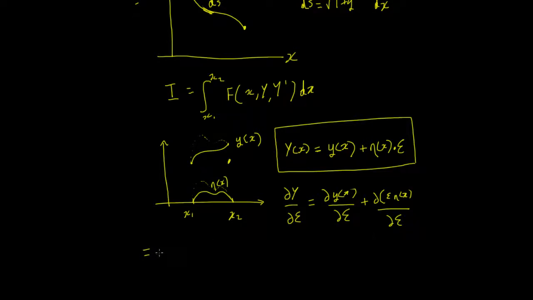That's going to equal, well, this term here, y is a function of x, y is not a function of epsilon, so partial y of x by partial epsilon is 0.